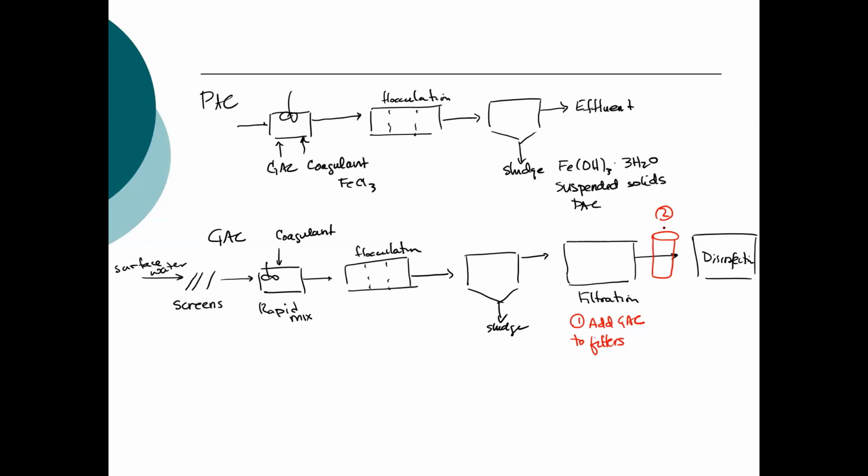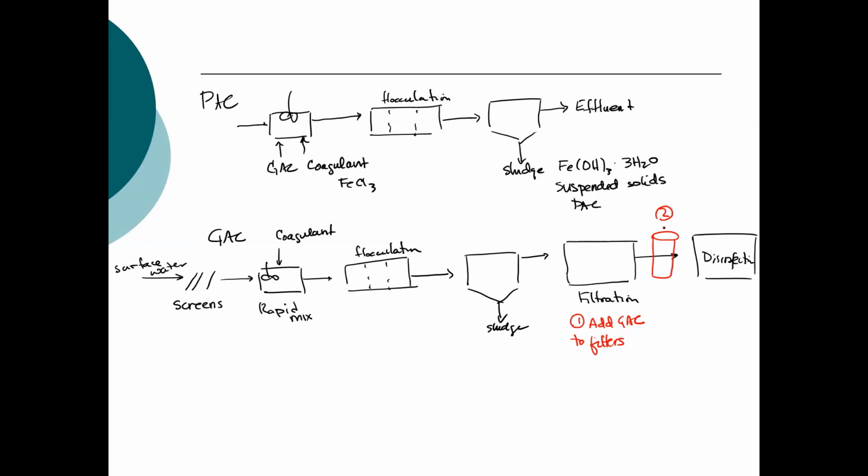Why there and not at the front of the plant? The reason is that we want to use the capacity of the column to remove the contaminants of interest.